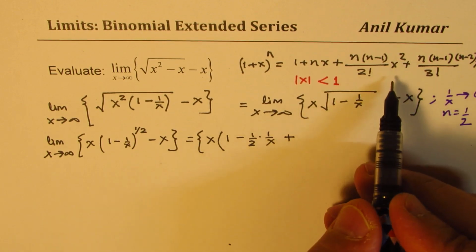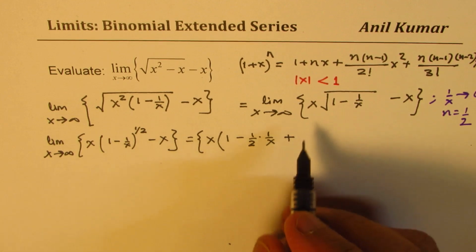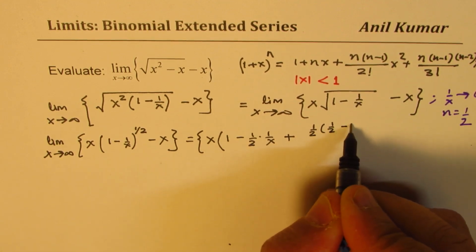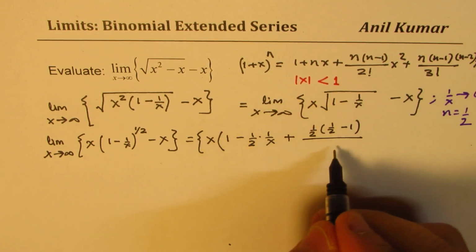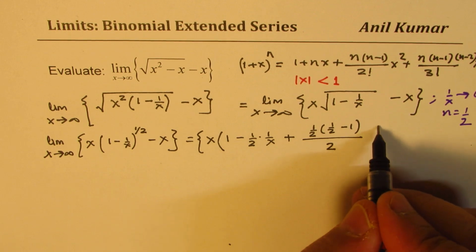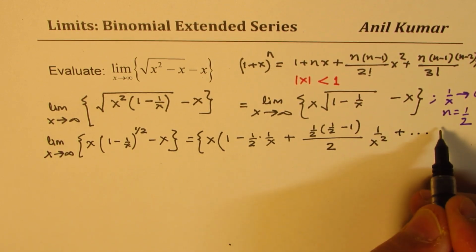Plus, now the x squared means we'll make it positive, so I'll get plus here. n is half for us, so we'll write half times minus half over 2 factorial, which is 2, right? x squared means 1 over x squared for us, right? Plus so on.